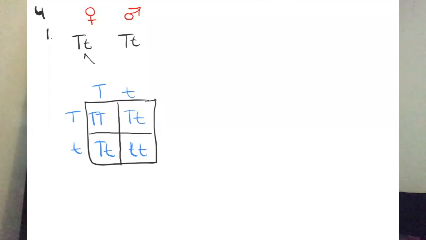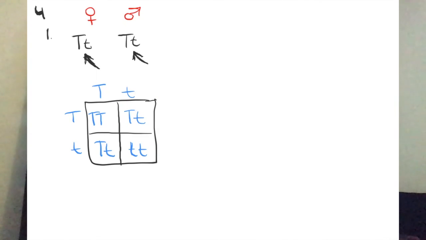So we're going to say, okay, what is the probability that the female in this case would send on one of the alleles or the other? There's a 50-50 chance that this individual is going to send on a capital T, and a 50-50 chance that the other individual is going to send on a capital T or a lowercase t. So the chances in that case are the same.